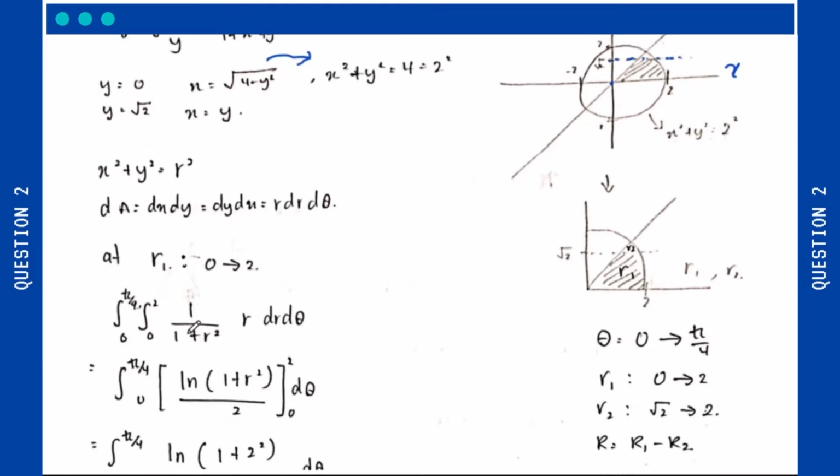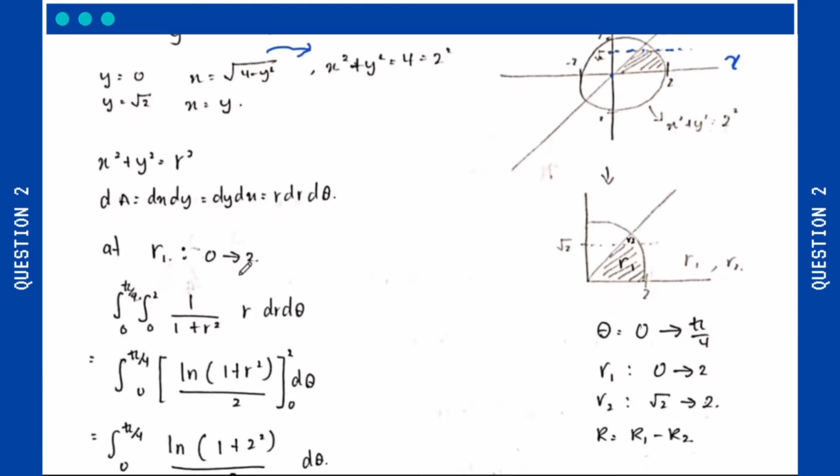For R1, where the radius is 0 to 2, we integrate 0 to pi over 4 of 1 over 1 plus r squared, r dr d theta. Then we integrate it, it becomes ln of 1 plus r squared over 2, and this is the limit.